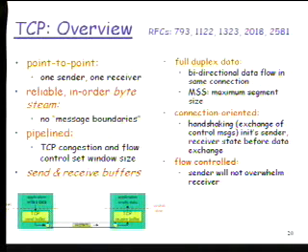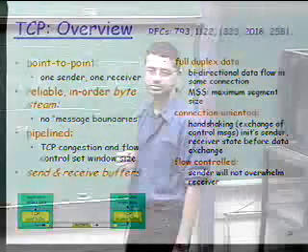Okay, so we say that TCP is pipelined, so it uses these sliding window protocols. What are the essential features of a sliding window protocol? What do you need to implement if you want to implement a sliding window protocol?